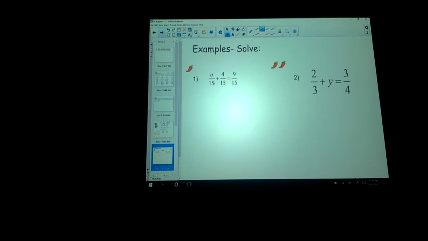I have how many terms? 3. I have a over 15 is a term, I have 4 over 15 is a term, and I have 9 over 15, that's a term. Does that feel comfortable? What's my denominator going to be? 15. So if I multiply all three of my terms by 15, what happens?